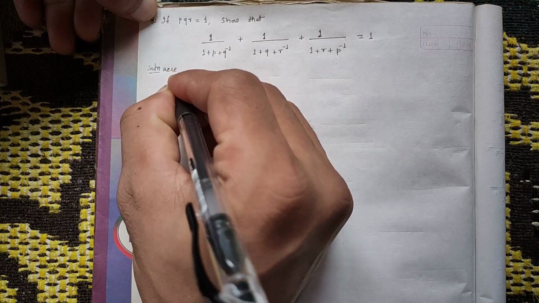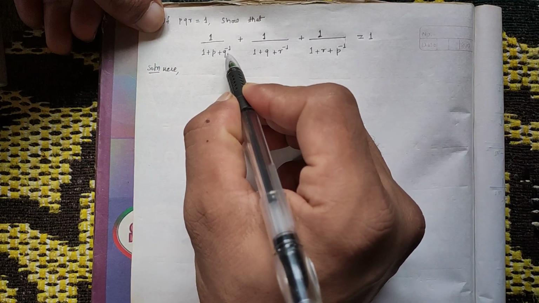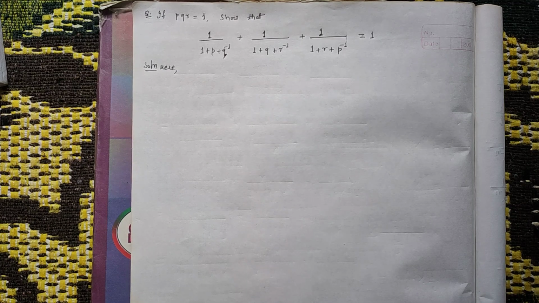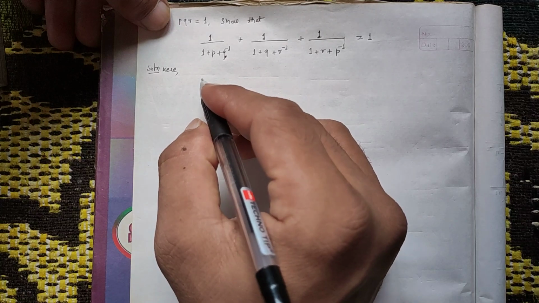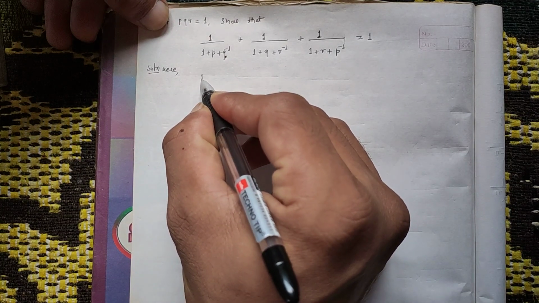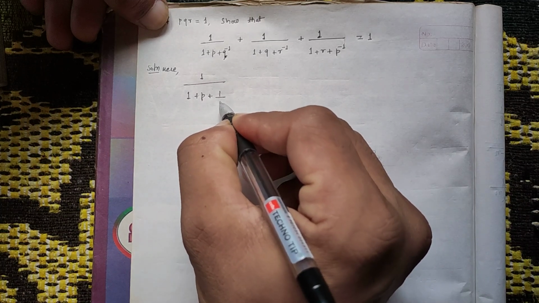So here, first we have seen that this q to the power minus 1 is given. What we have to do is change it into the fraction form, like 1 upon 1 plus p plus 1 by q.